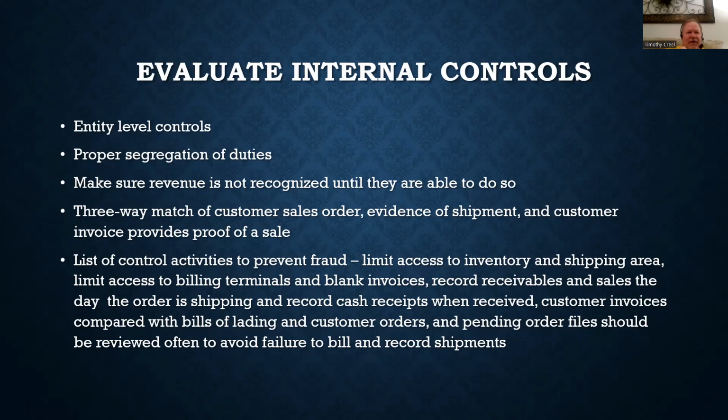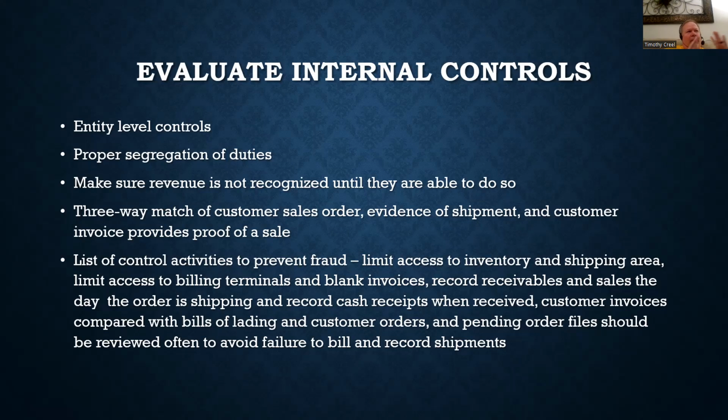And if all of these match, such as the customer ordered a certain amount, you can verify from the shipping documents that that was what was shipped, and from the customer master file that it was shipped to the customer's address, and then that there was a customer invoice sent. All of that provides proof of a sale.